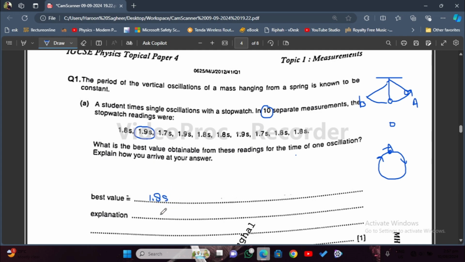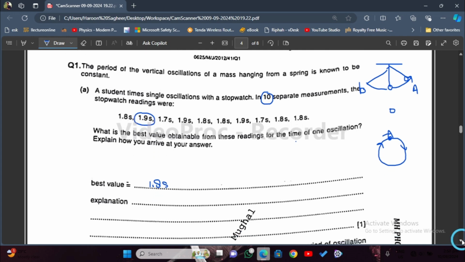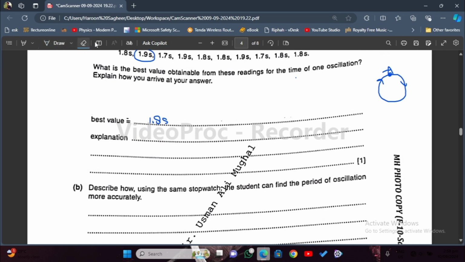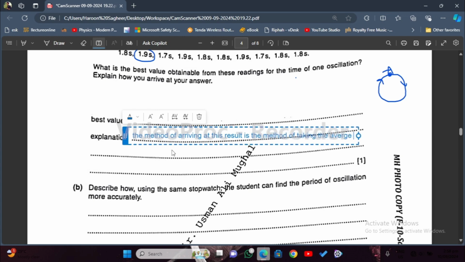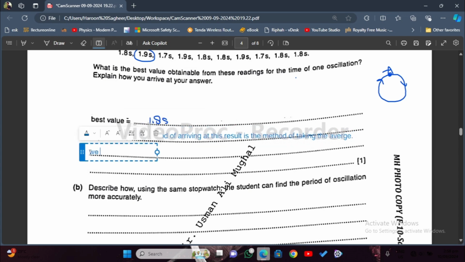Now we would have to explain how we arrived at this measurement. So let's write it down. The method of arriving at this result is the method of taking the average. All right, let's explain.